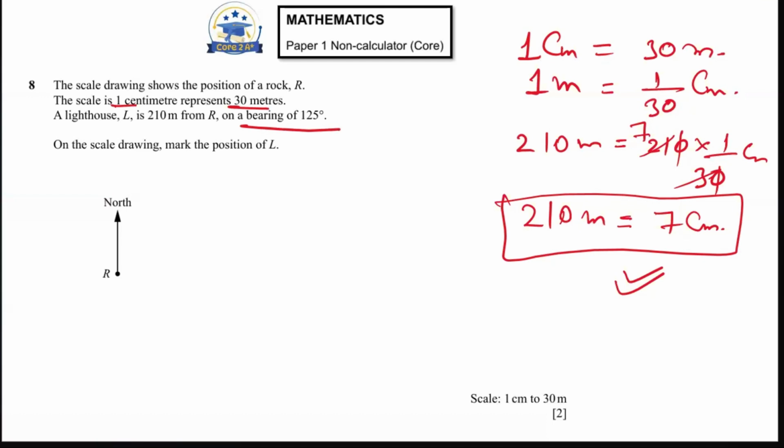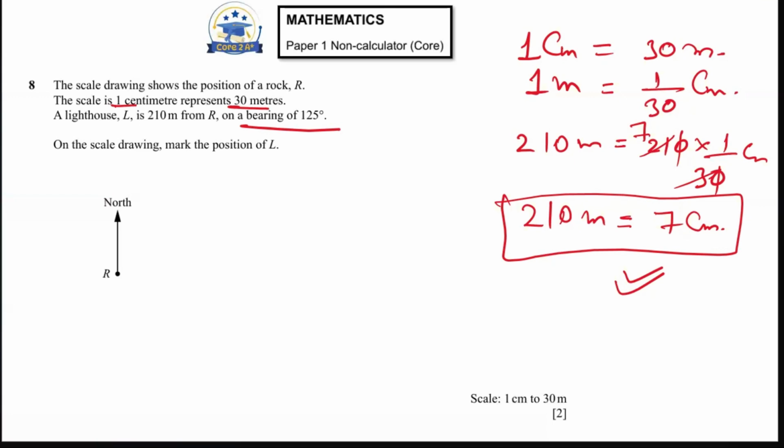The bearing is 125 degrees. If you are struggling with bearing-based questions, please let me know. I can make a separate video for bearing questions, because I know this is a very complicated concept and many students struggle with it.